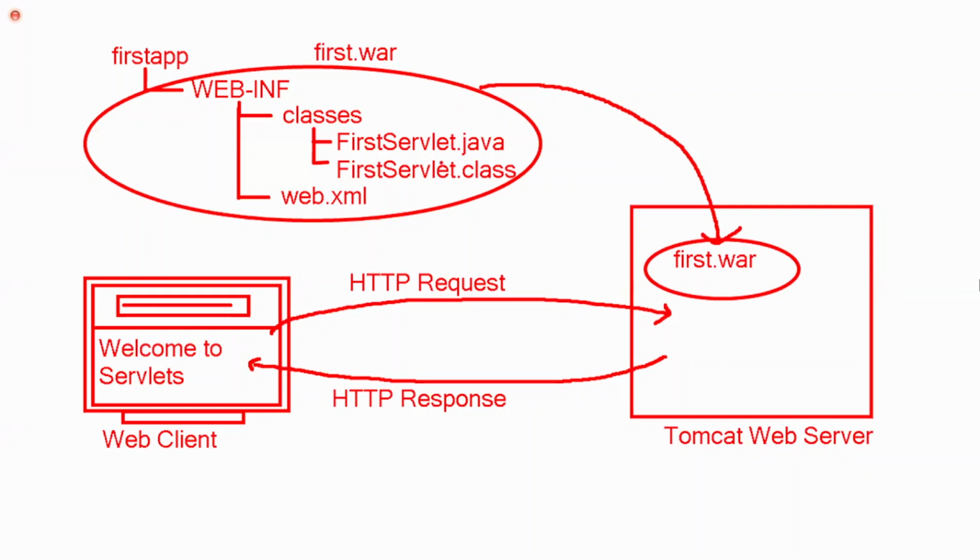This we will create as one bundle, a war file. It is just like a zip file. After that, we'll start the server and deploy the application on the server. From the browser, we'll send the request, called an HTTP request. Then the response comes, called the HTTP response. Then you'll get Welcome to Solids. This is our task. Write this one.